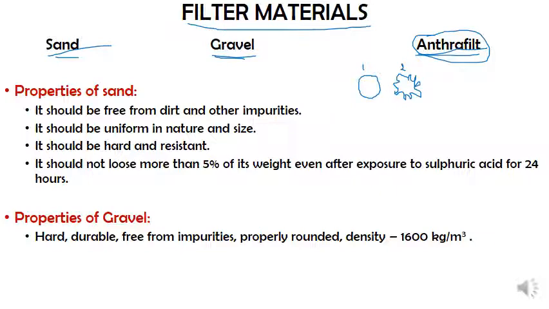Both have almost the same size, but the first one has less surface area and the second has more. And as the surface area is more, the material has more surface on which suspended particles can come and get attached. So as the surface area is more, your filtering will be much better.